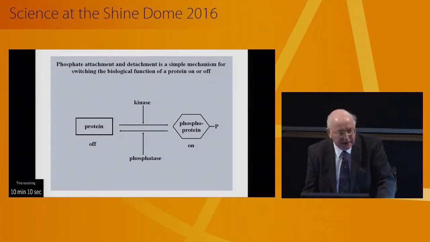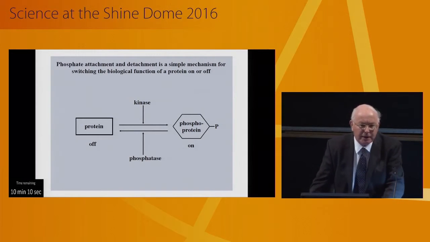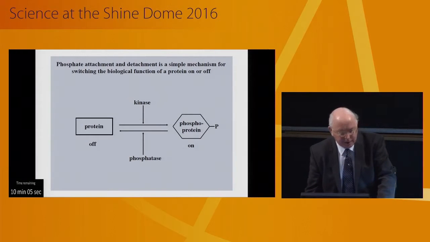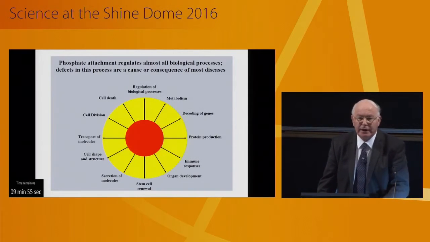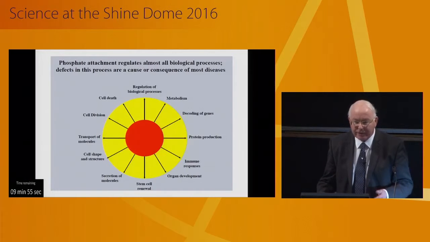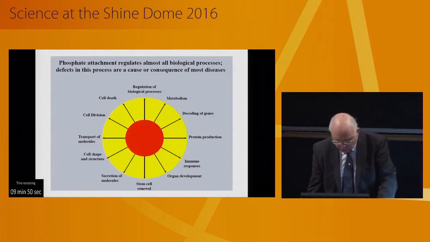So by the early 1990s, it had become clear from work in both my lab and many other labs around the world that this wasn't a specialized control mechanism after all, but it actually was involved in regulating almost all aspects of the life of living cells, including all of the events depicted on this slide and many more.